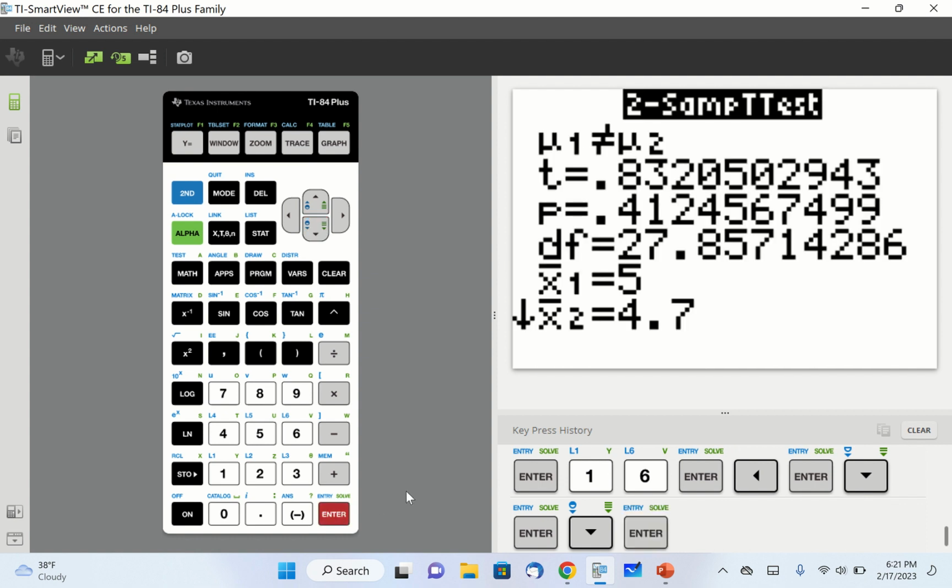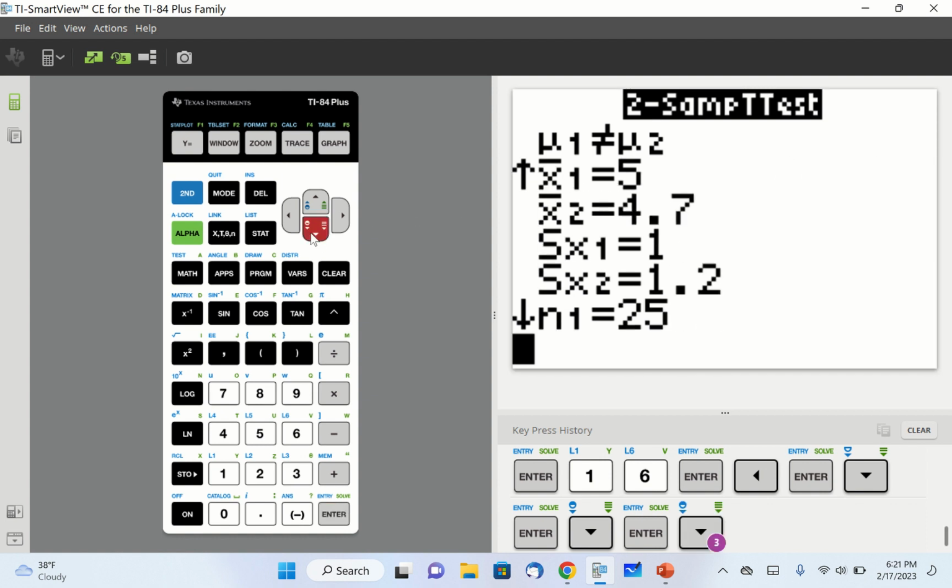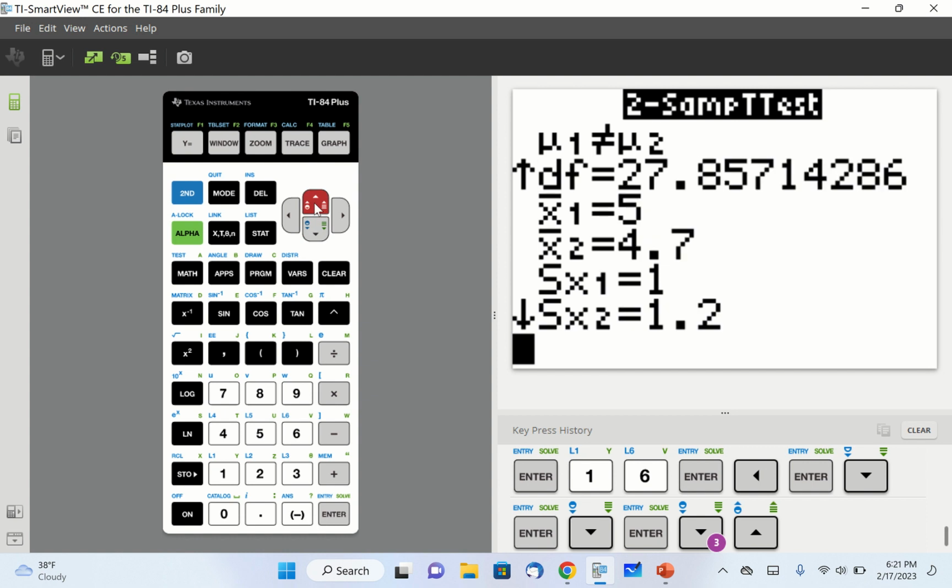And there's your result screen. So it gives you the t-score for the difference and the probability for it, the p-value, which is 0.4125. It also gives you the degrees of freedom. And if you come down, you have all the summary of the values that you had entered.